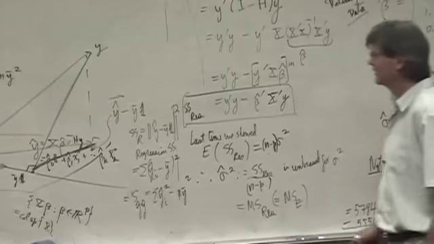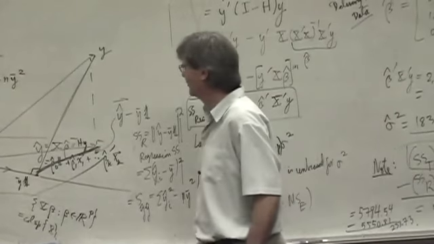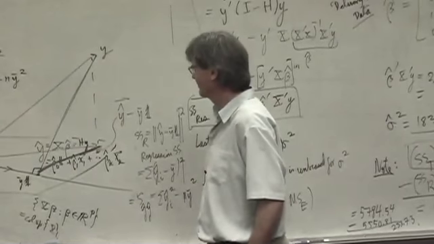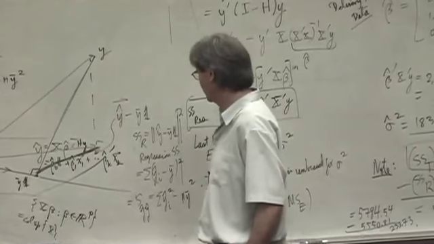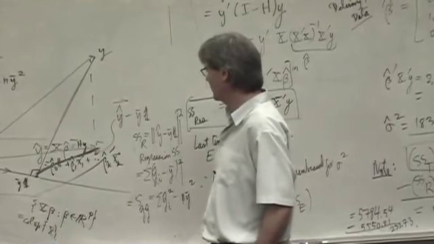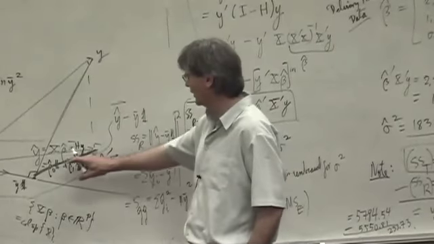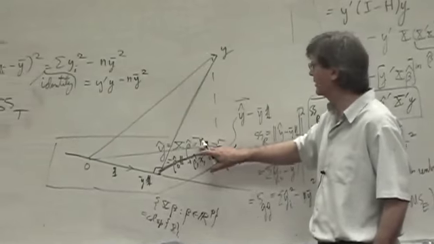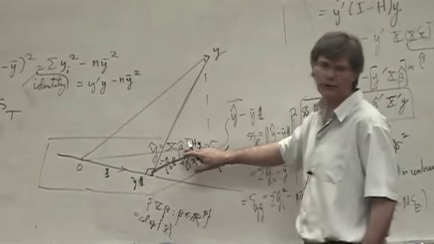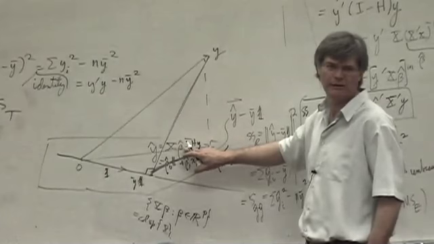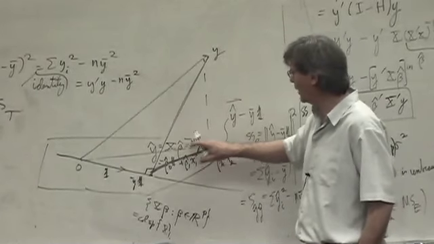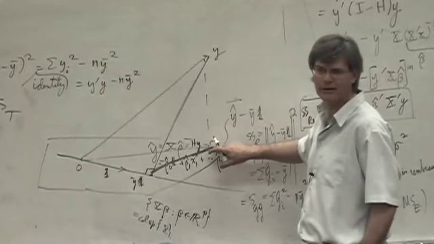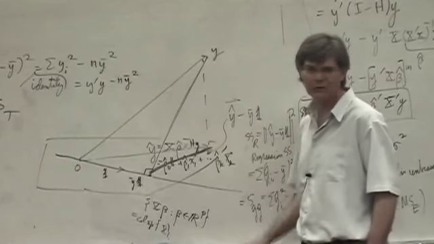The inner product of y hat with y hat is the same thing as the inner product of y with y hat. Why should that be? Because y is y hat plus this error, and the error inner product y hat goes out.